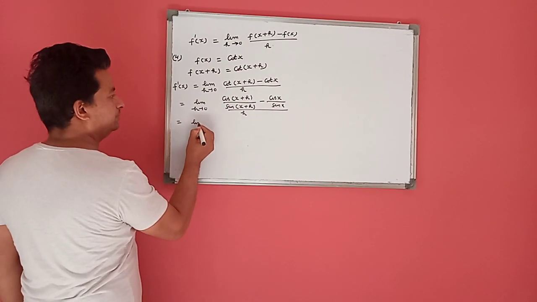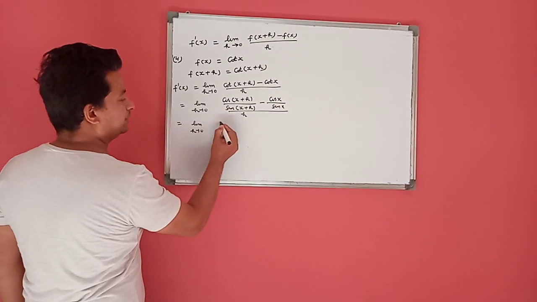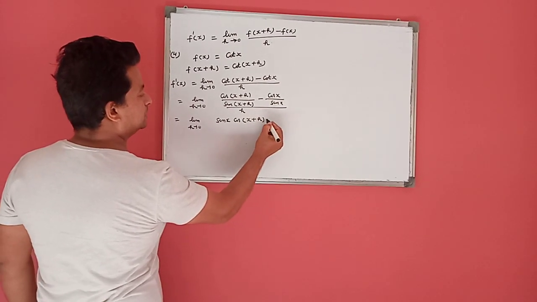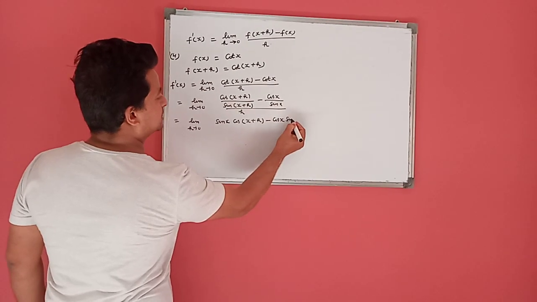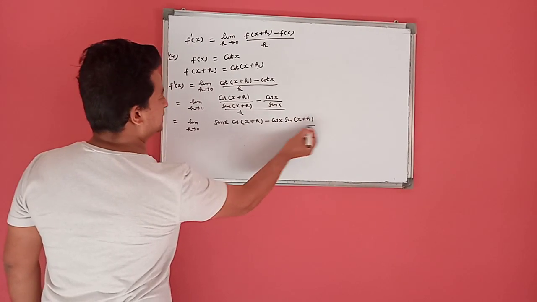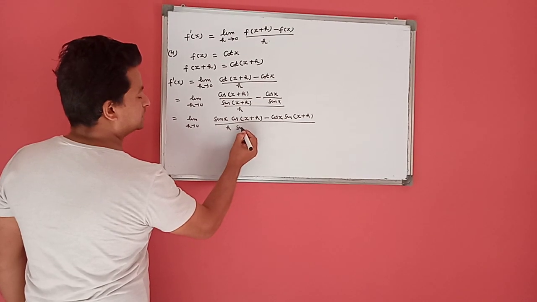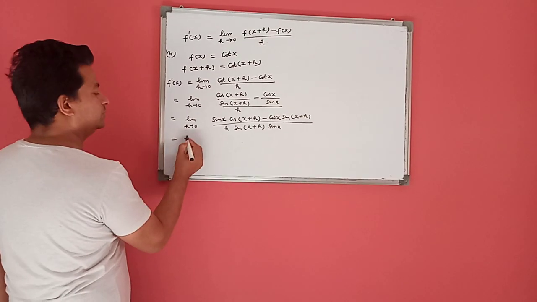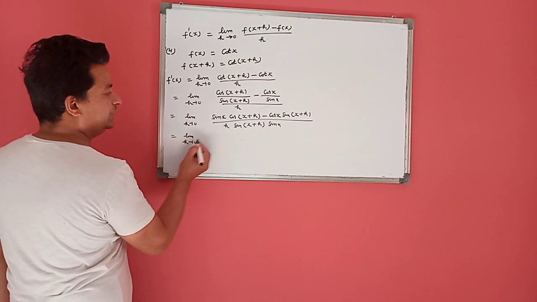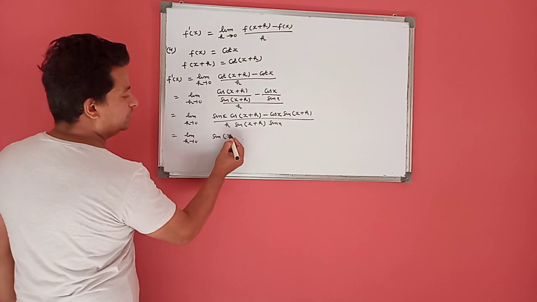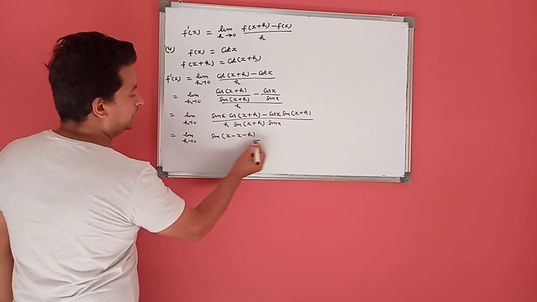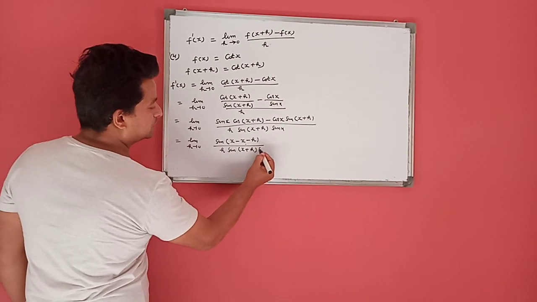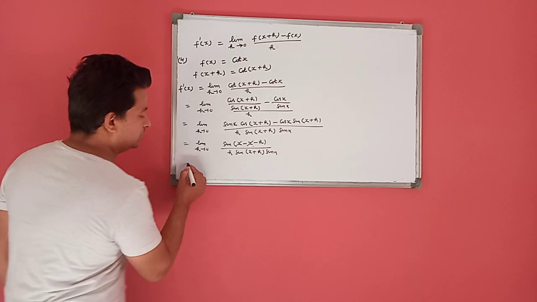Take the LCM. We get sin x cos(x + h) minus cos x sin(x + h). This is the denominator sin(x + h) sin x. As we know, sin A cos B minus cos A sin B is sin(A − B). So this equation becomes, this cancels out.